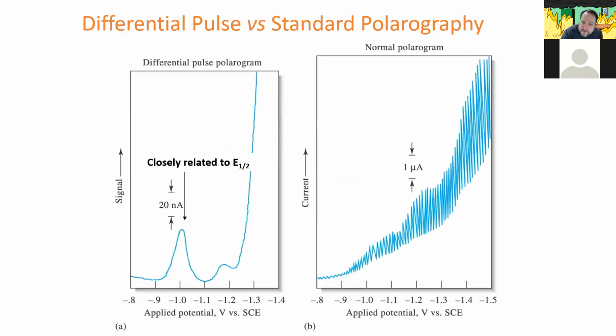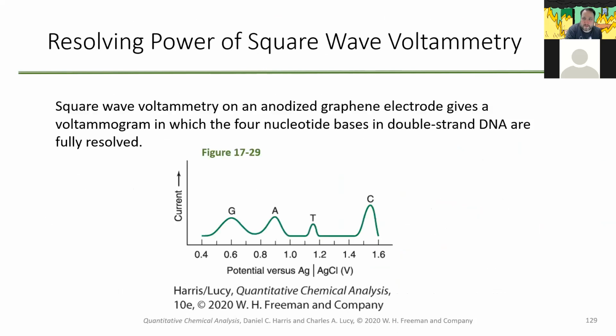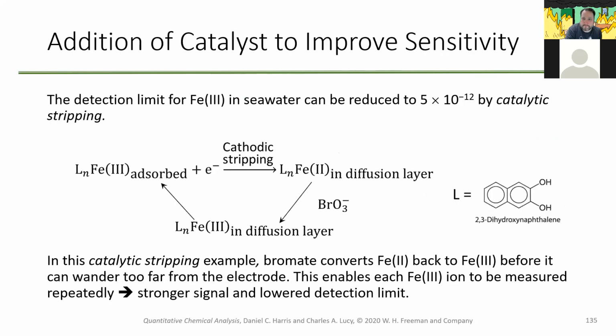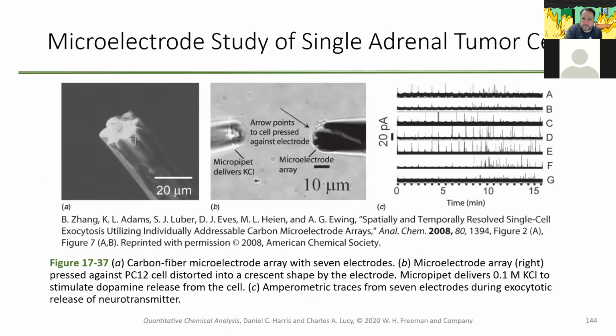Right, so from here, I would expect you to know if you saw one of these, you'd be able to find this E1/2 value. Right, this peak would be E1/2, and then this peak would be your E1/2.